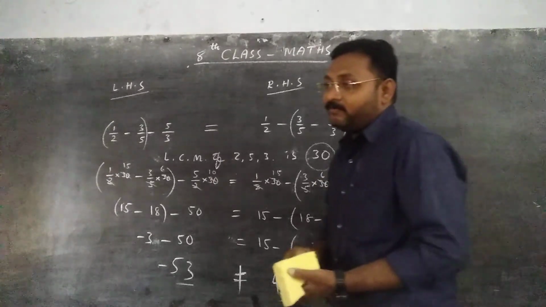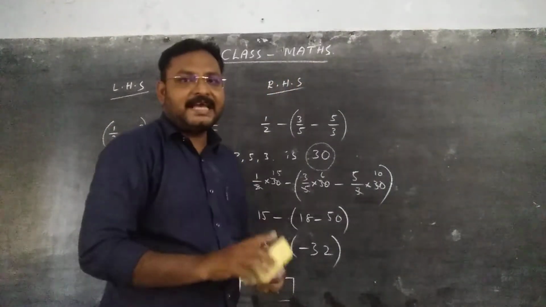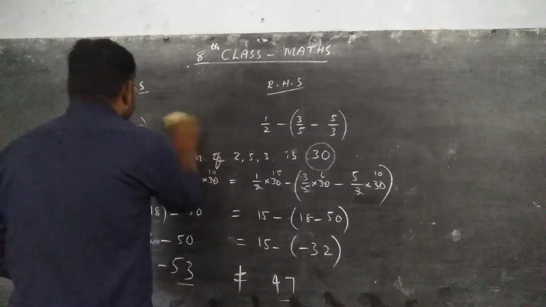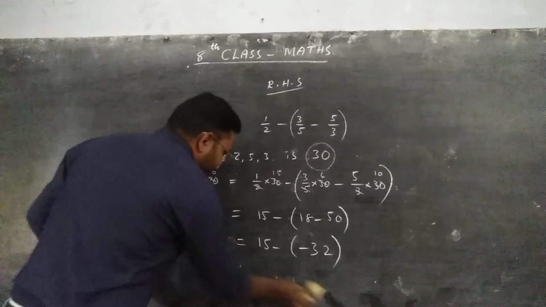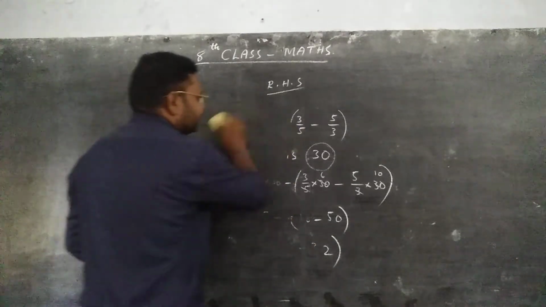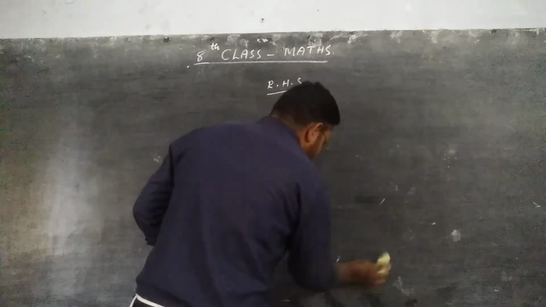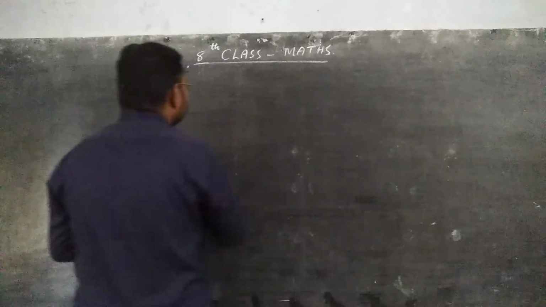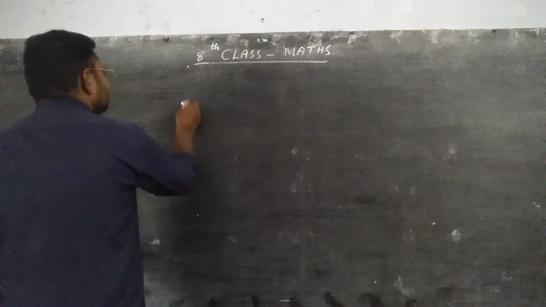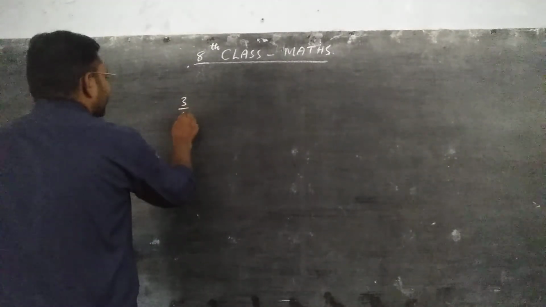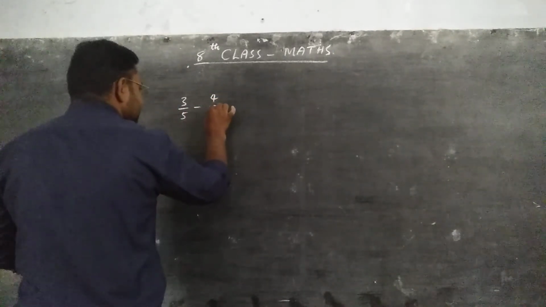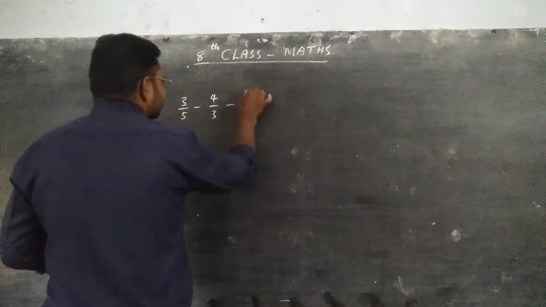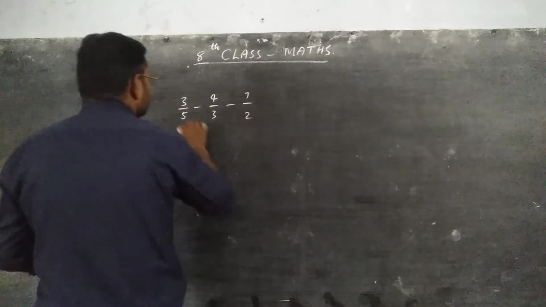So for practice, I am going to give you problems. Work out the problems on associative property under subtraction. Now write down, children. The problem is 3 by 5 minus 4 by 3 minus 7 by 2.